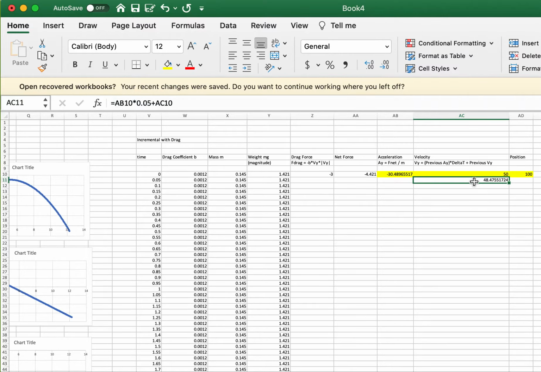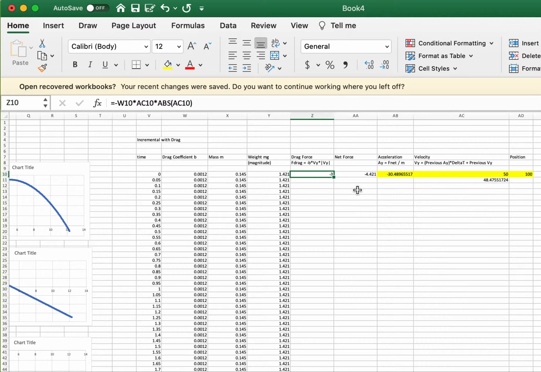And look at that, it changed the velocity just a little bit based on this acceleration, which is a large acceleration, larger than 9.8. But now what's cool is, because we have a new velocity in that cell, we can calculate the drag force.